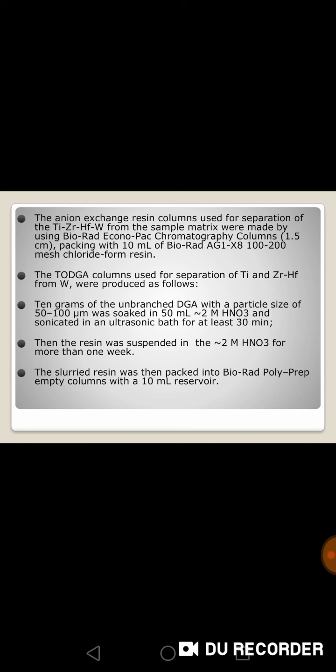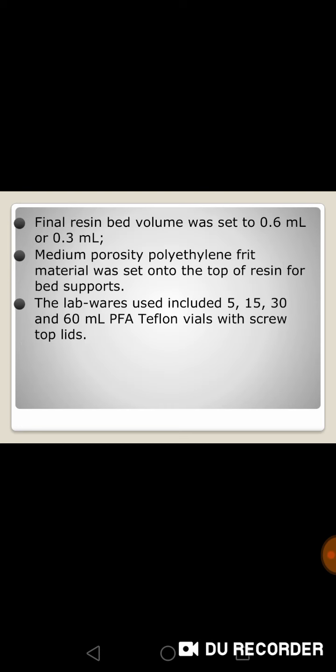Then the resin was suspended in about 2 molar HNO3 for more than 1 week. The slurry resin was then packed into a Bio-Rad Poly-Prep empty column with a 10 ml reservoir. Finally, the resin bed volume was set to 0.6 ml or 0.3 ml.